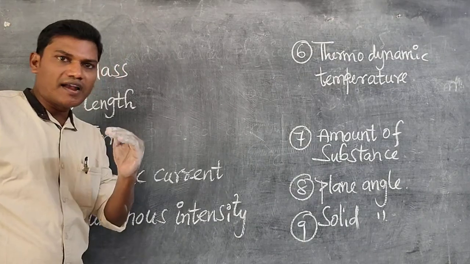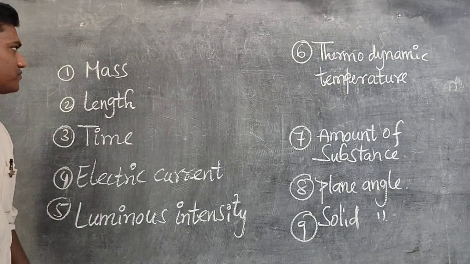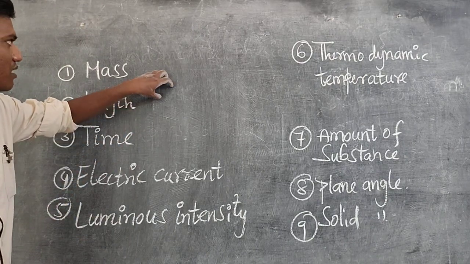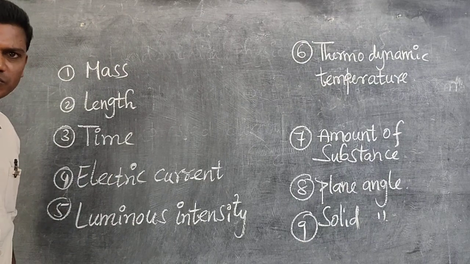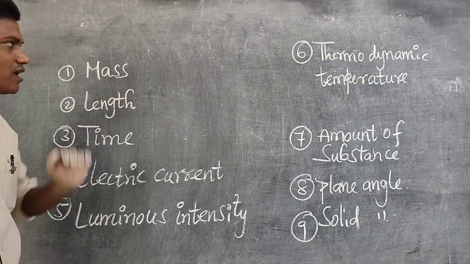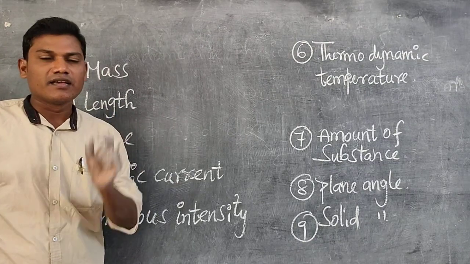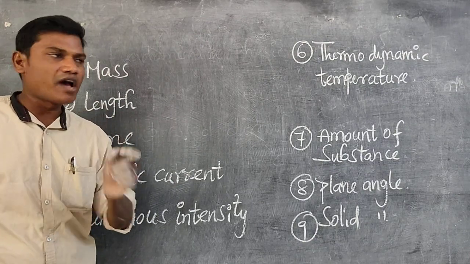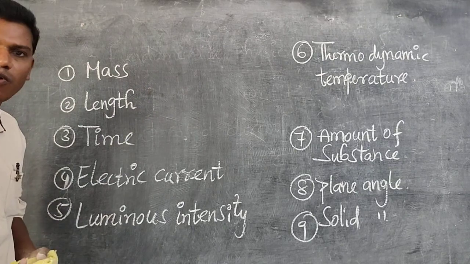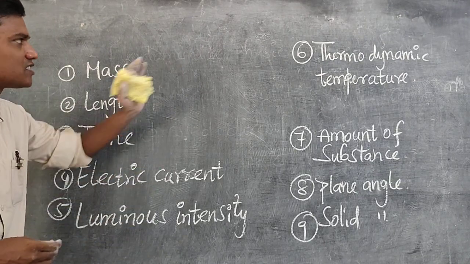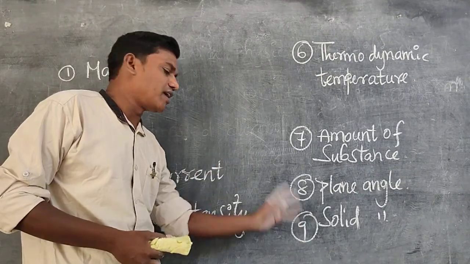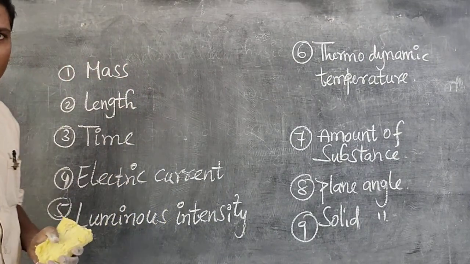How many fundamental physical quantities are there? Totally 9 fundamental physical quantities are there.